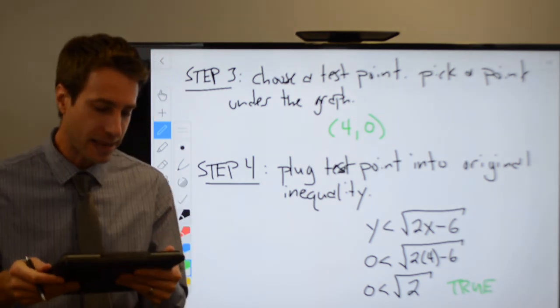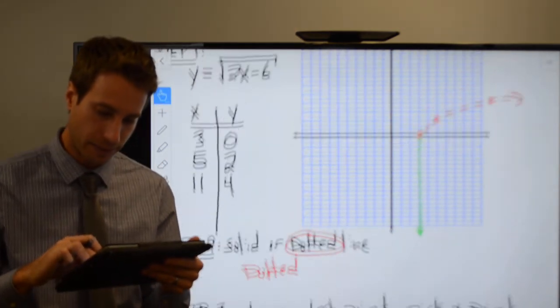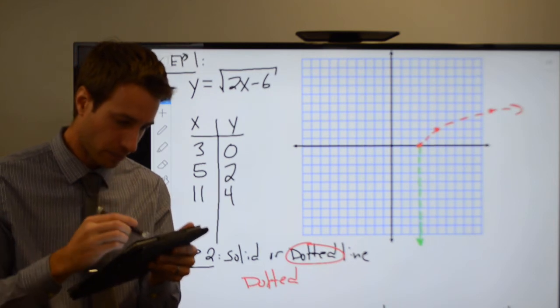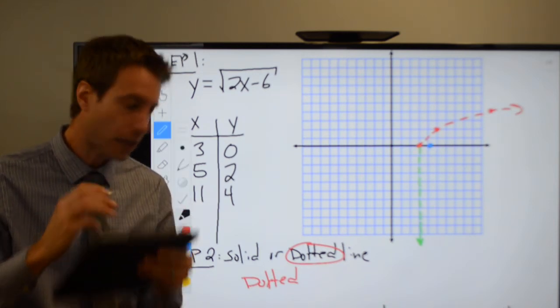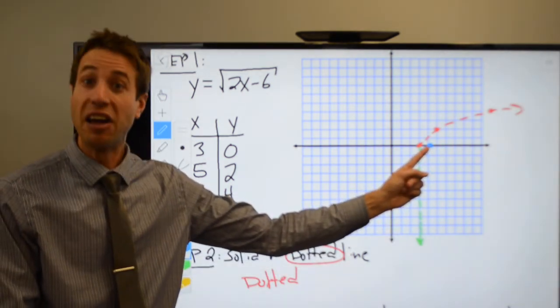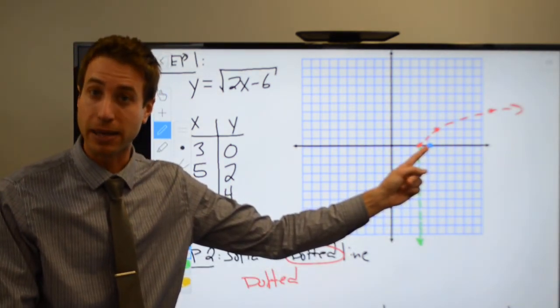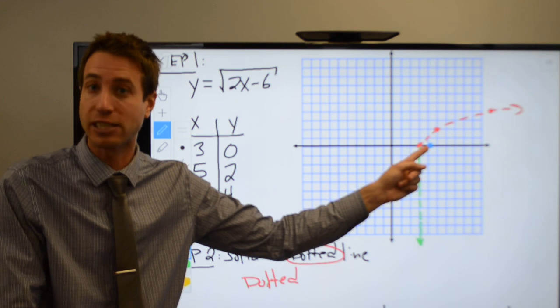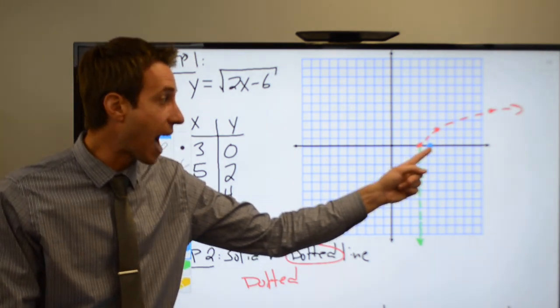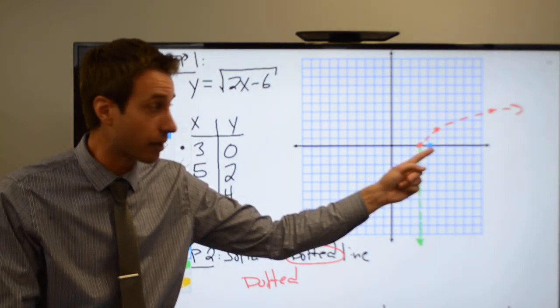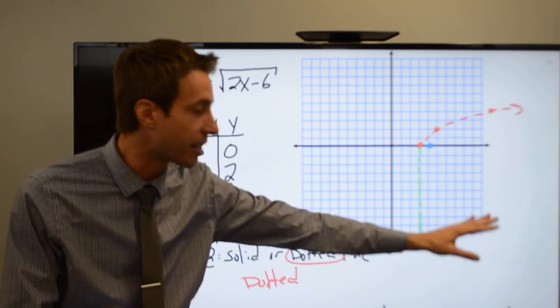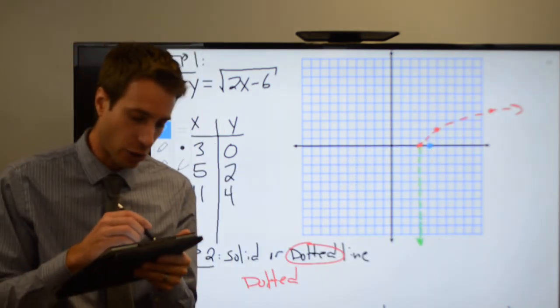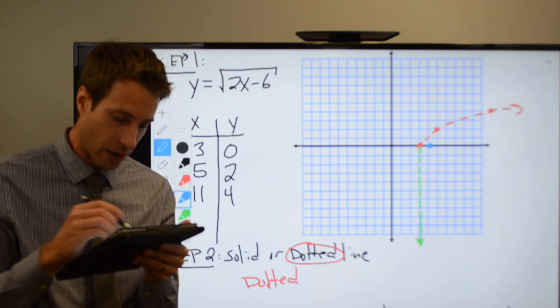And here's what that means. My test point was underneath my graph, right there. And it gave me a true statement, which means it's part of my solution region. So I need to shade everything that includes this test point, which would be everybody underneath the graph of my radical.